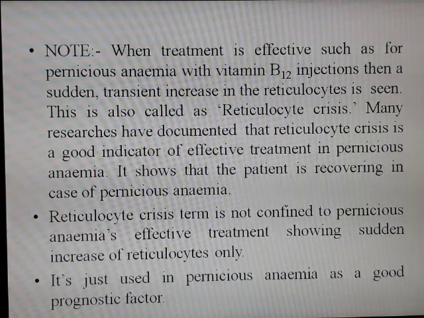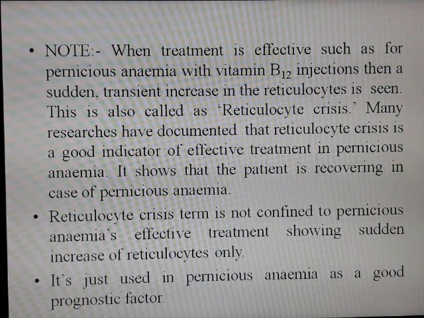An important note: when a treatment is effective, such as in pernicious anemia, which occurs due to deficiency of vitamin B12, and we give vitamin B12 injections, and folic acid also, then a sudden transient increase in reticulocytes is seen.